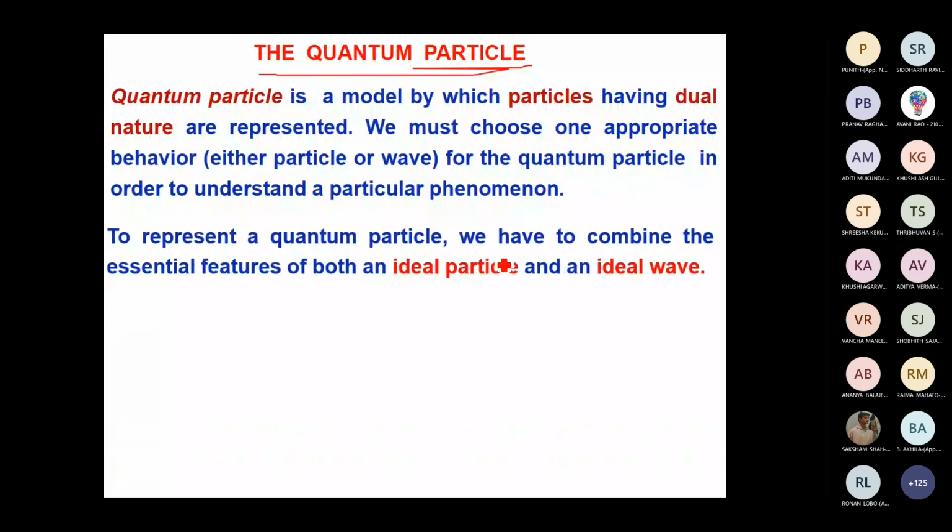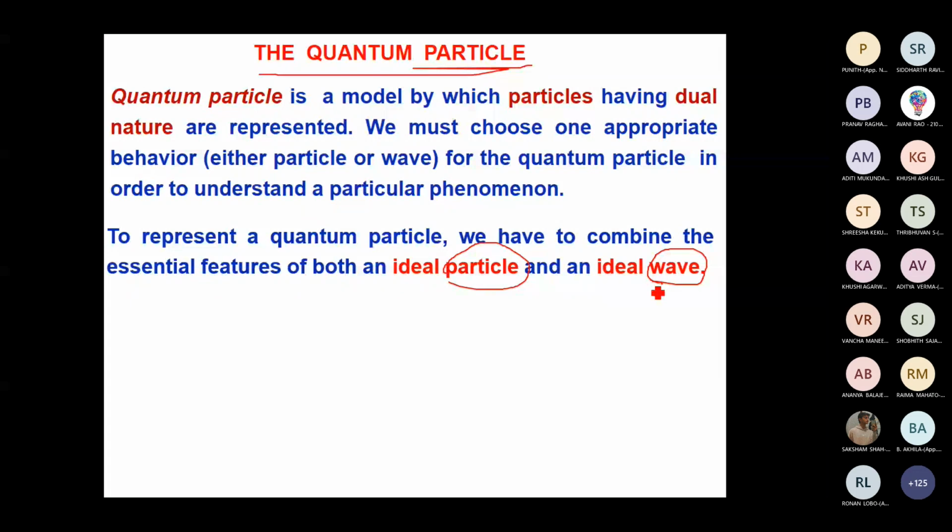So, to represent the quantum particle, we need to combine the features. What are the features? The features of the particle and the features of the wave. We all know that a particle has some features, and a wave has some features. Here we talk about an ideal particle and an ideal wave, so it is essential to combine the features of both.